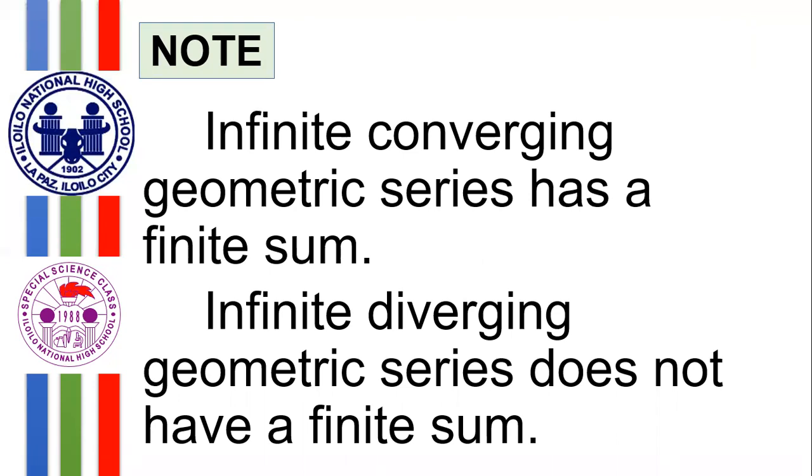So for our lesson today, we will be interested more in infinite converging geometric series, and we will be determining its finite sum. And we will not discuss much of infinite diverging geometric series because the sum is infinite or not finite.